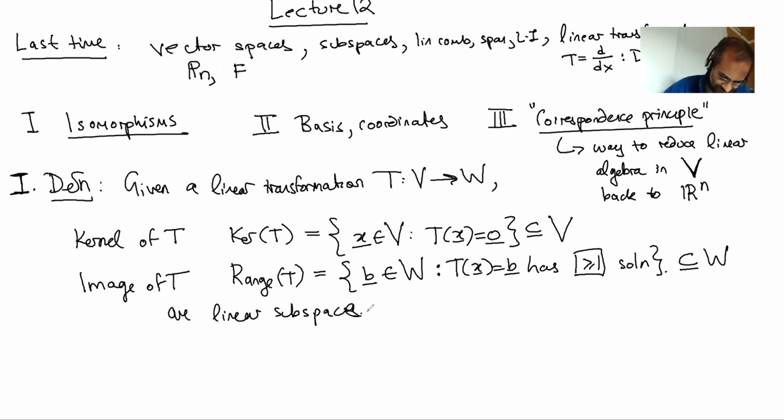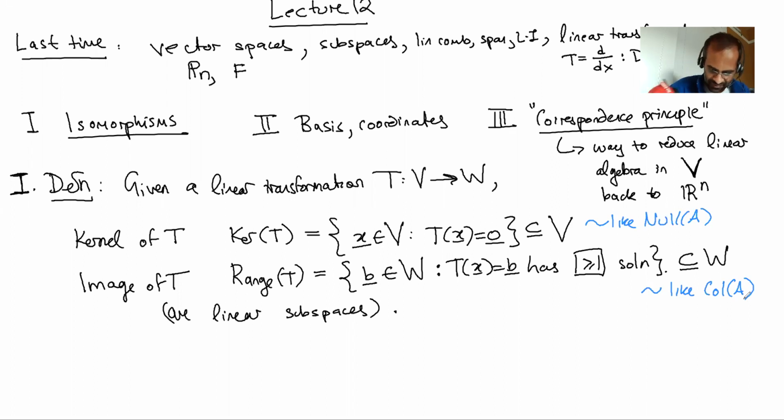You can just check that from the definition. Remember, to be a subspace, you have to be closed under scalar multiplication and addition. So these are generalizations of the null space and column space of a matrix. The kernel is kind of like the null space of a matrix, and the range is kind of like the column space of a matrix. But really, it's something taking place in this more general setting.